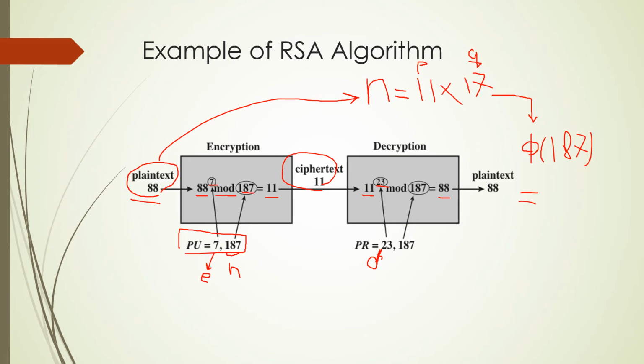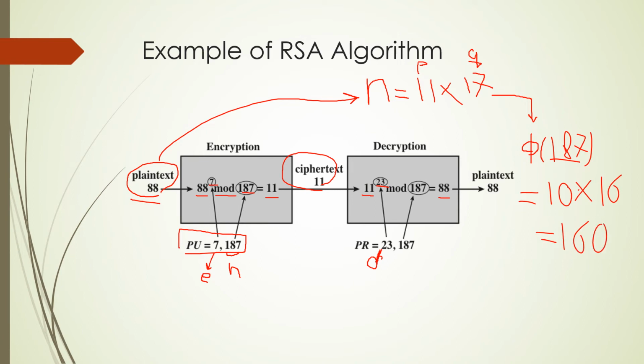But when the number n is semi-prime, which means it's a product of two prime numbers, it's very easy to calculate. That's going to be equal to p minus 1, which is 10, times q minus 1, which is 16. When you simplify this, you get 160.